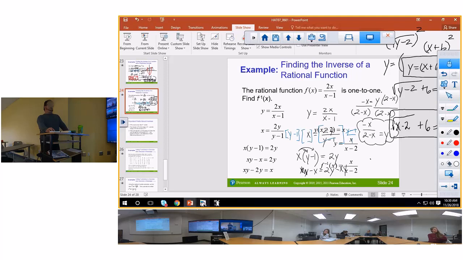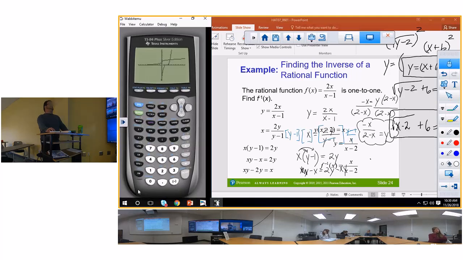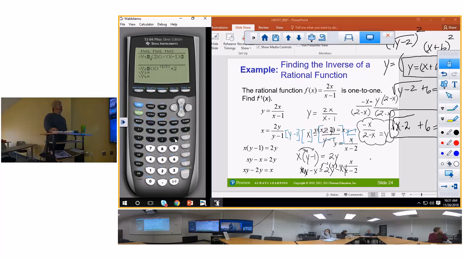Sorry. All right, so pull up my handy dandy calculator. So this is the fourth good question for a test. y is equal to, and I'm gonna put parentheses, 2x, divided by parentheses, x minus 1, close parentheses.